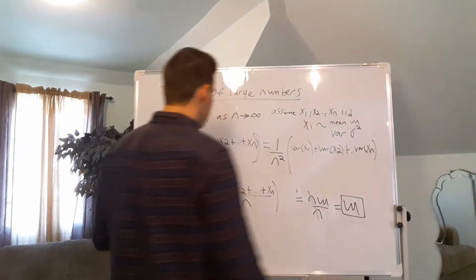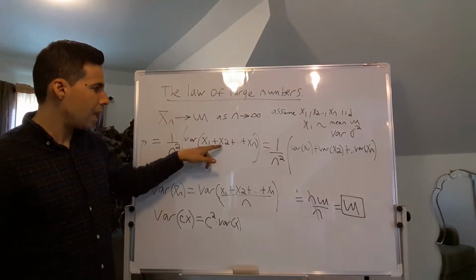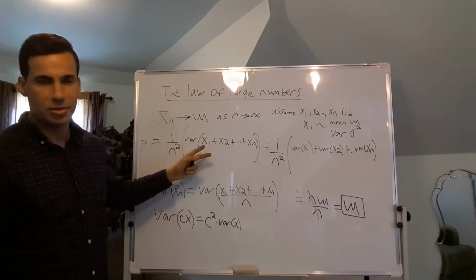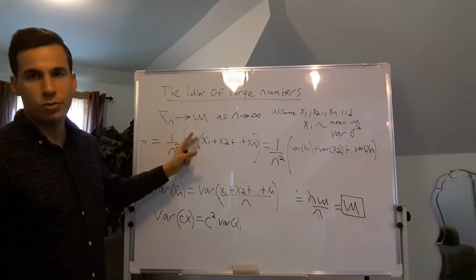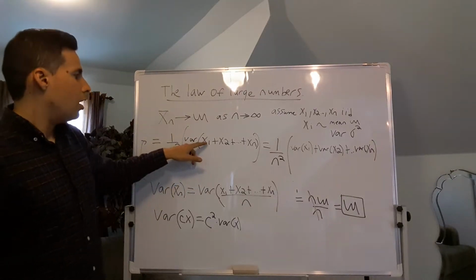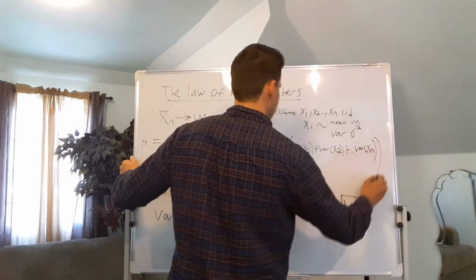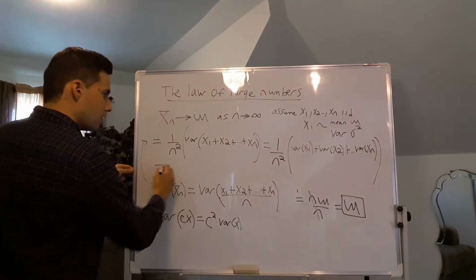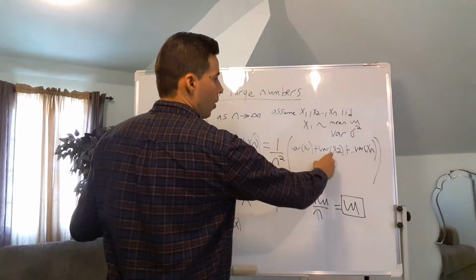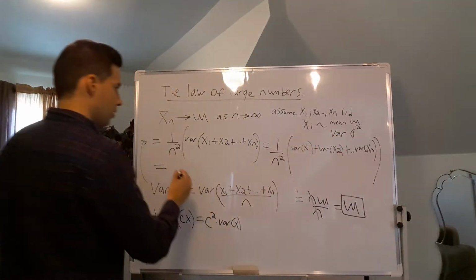Normally when you're taking a variance, you usually have some covariance terms, but all of those are going to equal 0 because each random variable is independent. And the variance of each one is the same, sigma squared.